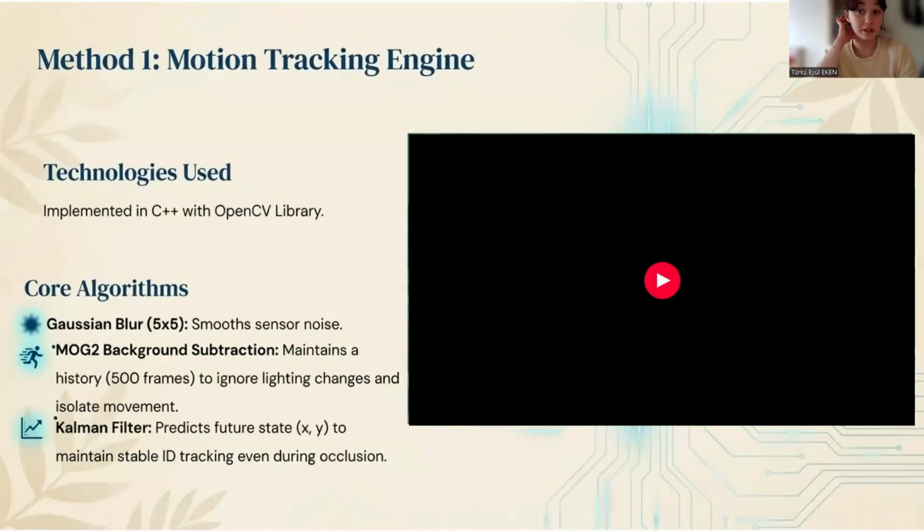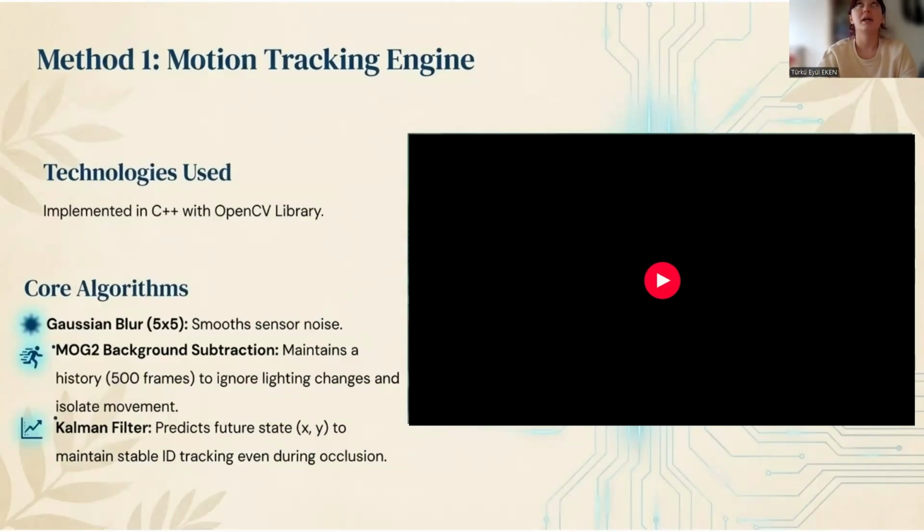As we can see here, the algorithm works in three steps. First, I use the Gaussian blur to smooth out the sensor noise. Then I use MOG2, which is mixture of Gaussians, for the background subtraction. This is for the system to learn the static background, like leaves, and isolate only the moving pixels.